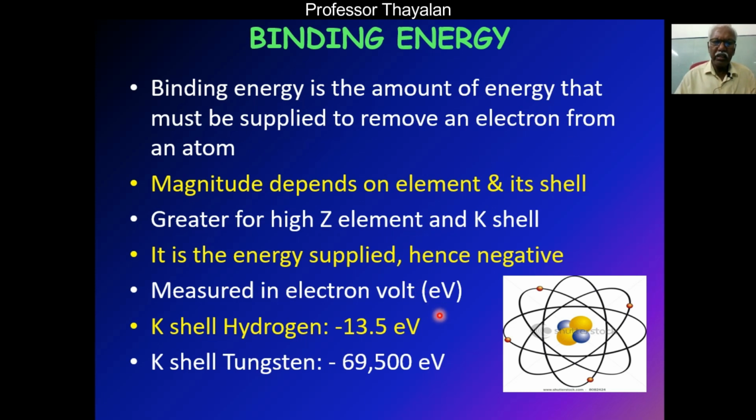The binding energy is measured in electron volts, which is the unit of energy in atomic physics. For example, K shell hydrogen has a binding energy of minus 13.5 electron volts, whereas K shell tungsten has a binding energy of 69,500 electron volts. The tungsten has higher binding energy because the atomic number of tungsten is higher than hydrogen.